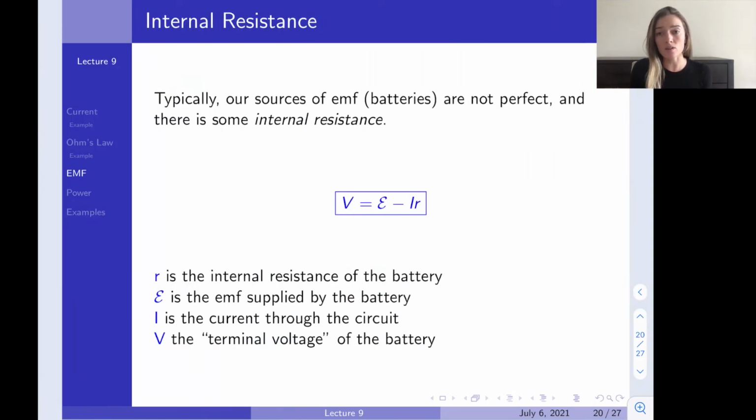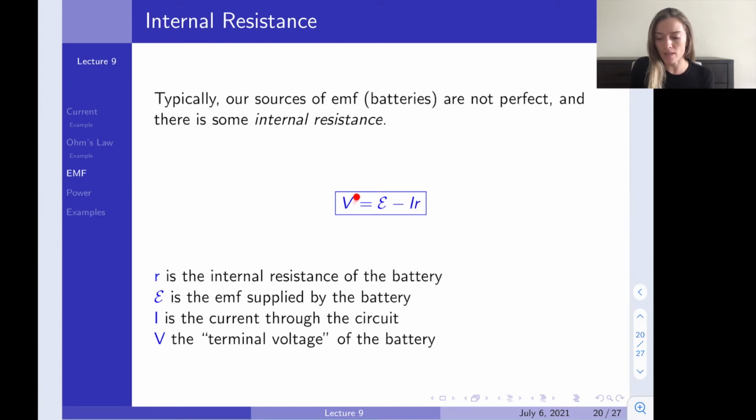So in a physical battery, a little bit of energy is lost in the battery itself, because since we don't have superconducting batteries in everyday life, there's a little bit of resistance in the battery itself, and some of that energy, some of that potential difference, is lost to that internal resistance. So this is called internal resistance of a battery, and we write it as a small r.